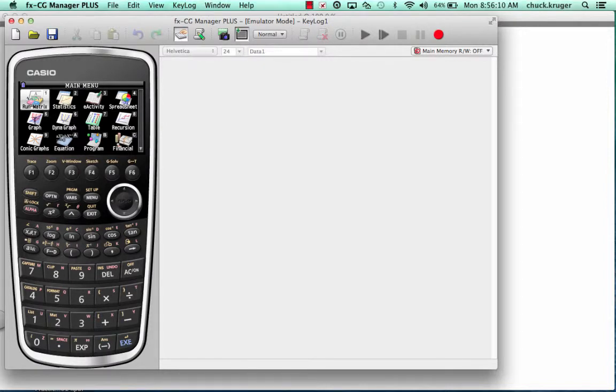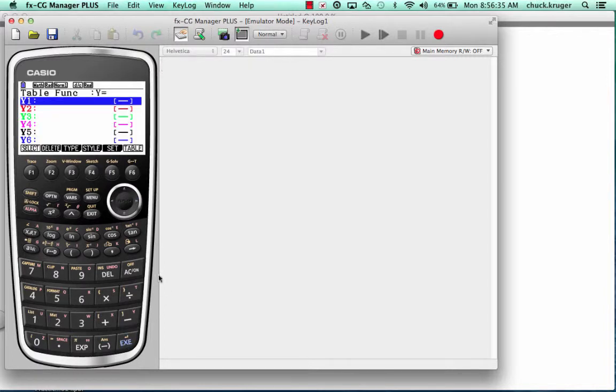Just give me a few seconds to load it up. I'm going to go to table on this one. Okay, where was table? Over here to the right. Execute. Okay, and so I have a table, and I'm going to put in my equation here.